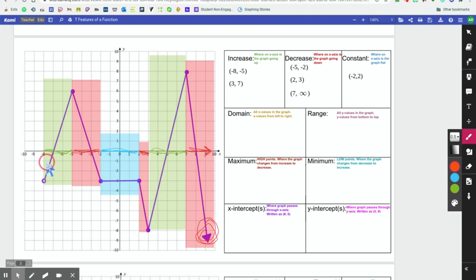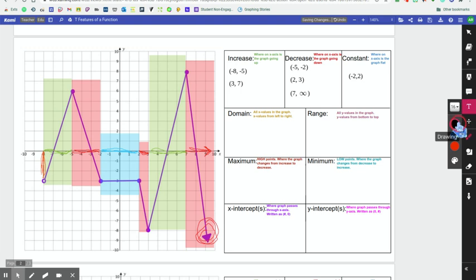We're going to look at the leftmost part. What is the leftmost part of our graph? Do we see where that's happening at? What is our leftmost part of our graph, and what is its x value? Perfect. So this is the leftmost part of our graph, and -8 is its x value.